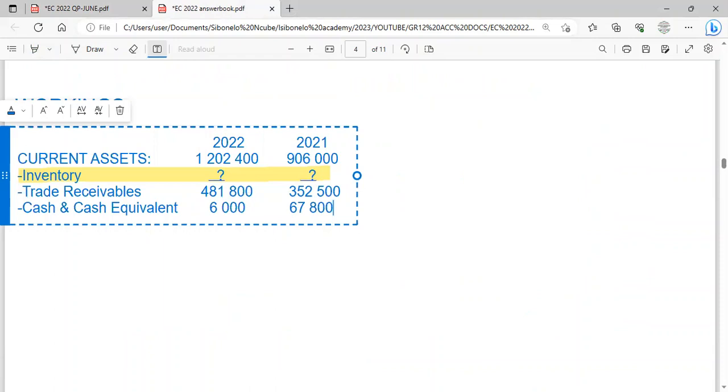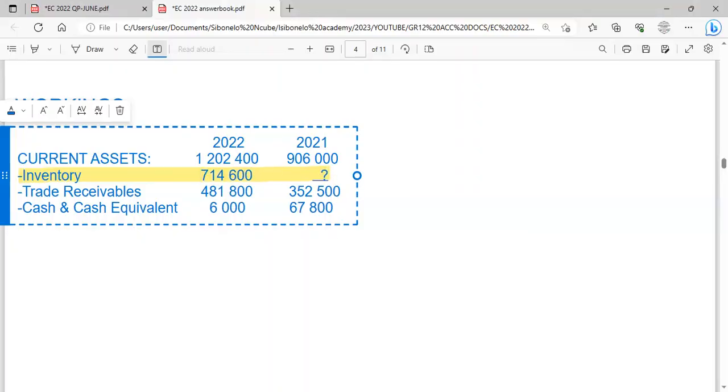Now guys, we're going to use the calculator to get the inventory balance. We take 1,202,400 for 2022, subtract 481,800, subtract 6,000, and we get a total of 714,600. So 714,600 is the inventory balance for 2022.